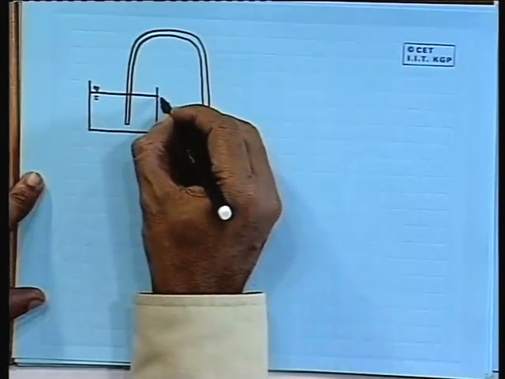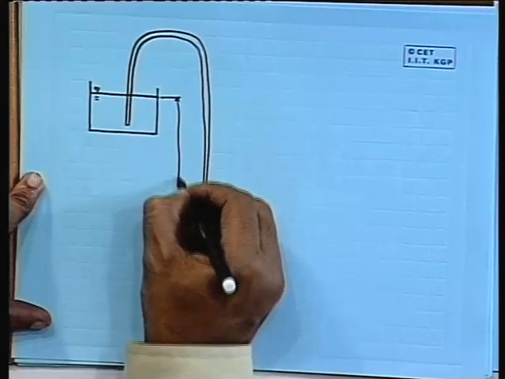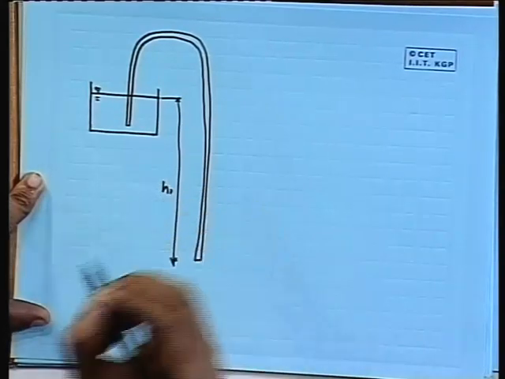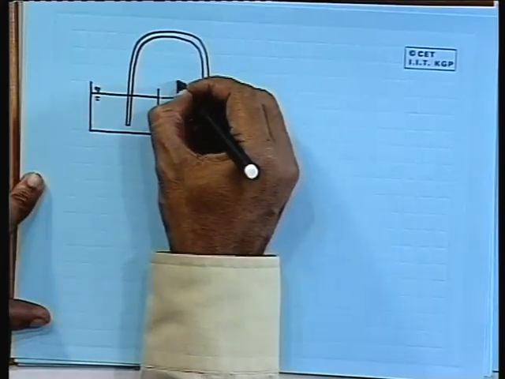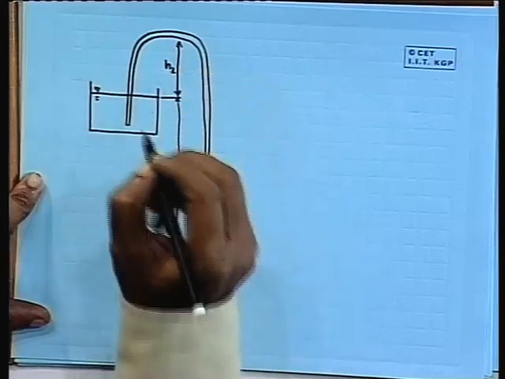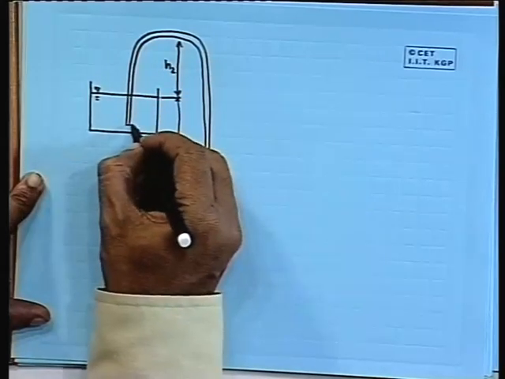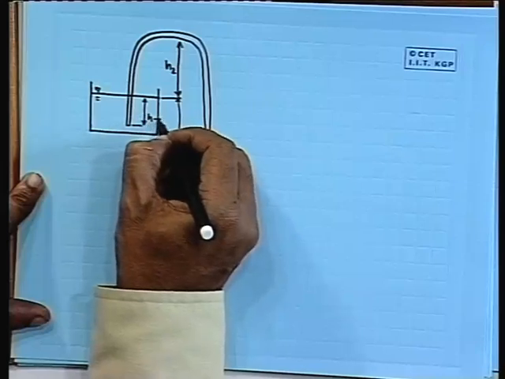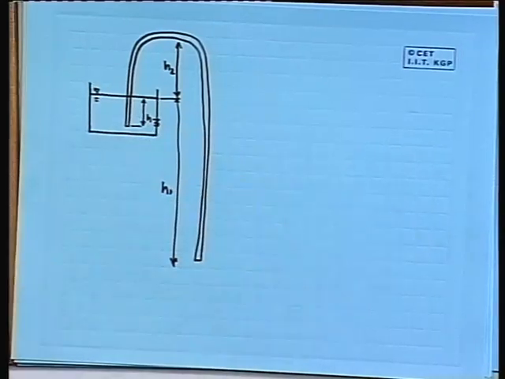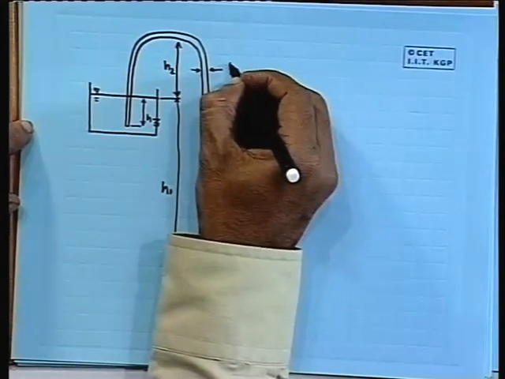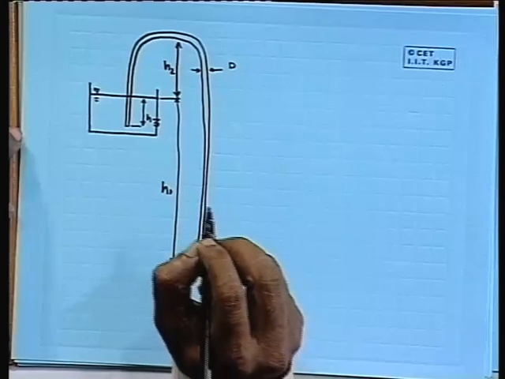Let us say this is H1, this is H2, and let us say this is H3. H1, H2, H3. The diameter of the siphon is D, inner diameter.